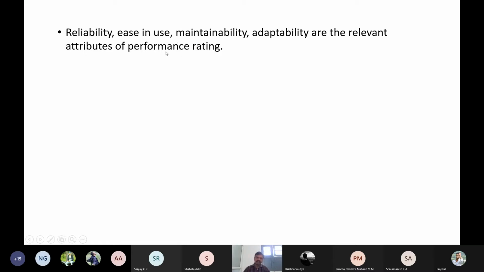In order to evaluate performance, these are the various criteria used: reliability, ease in use, maintainability, adaptability. Already we have discussed ease in use, maintainability and adaptability in the previous unit when we discussed design for use, design for maintainability.